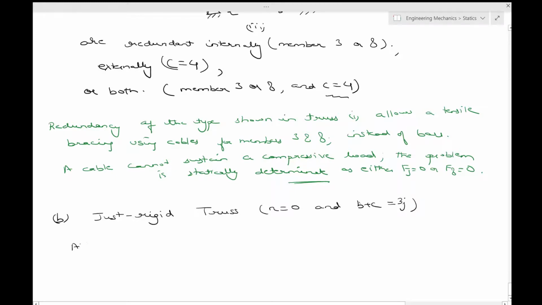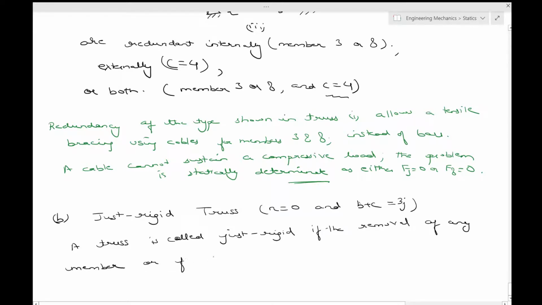A truss is called just rigid if the removal of any member or foundation constraint makes it a mechanism.